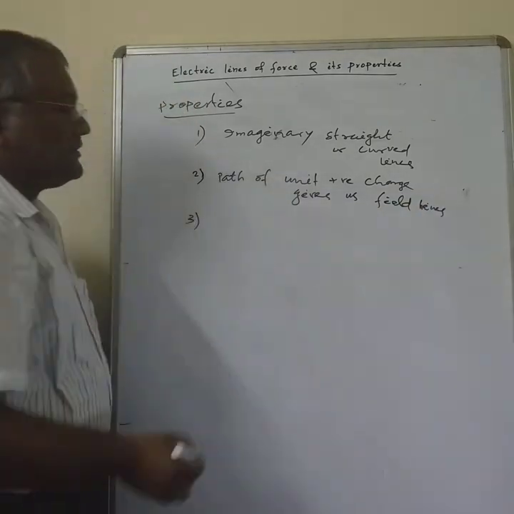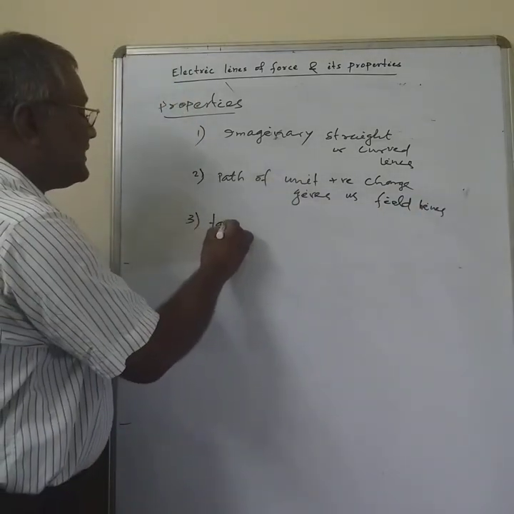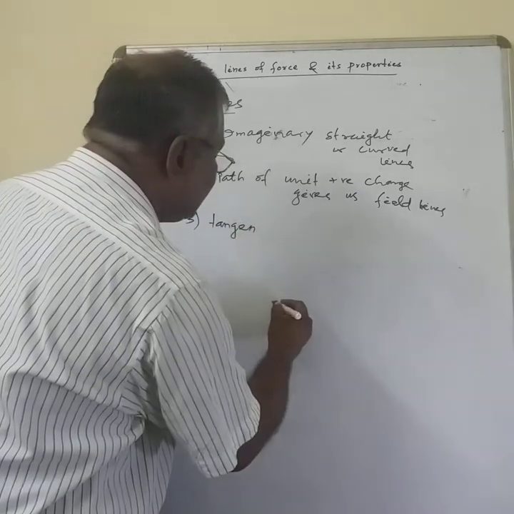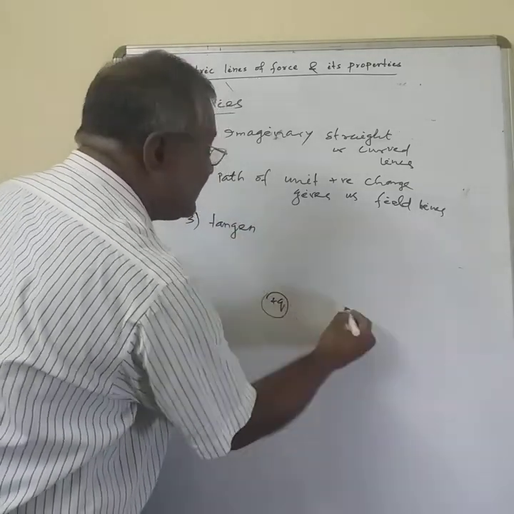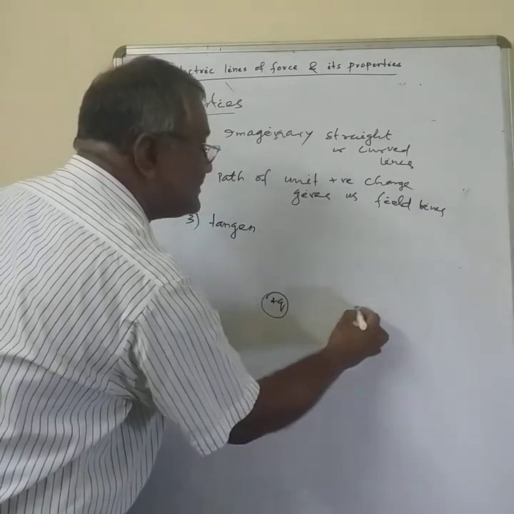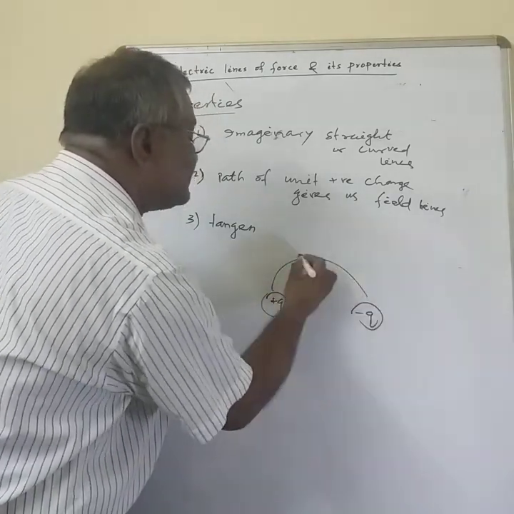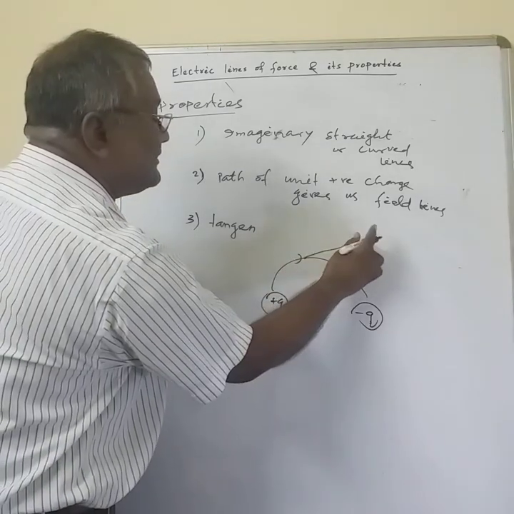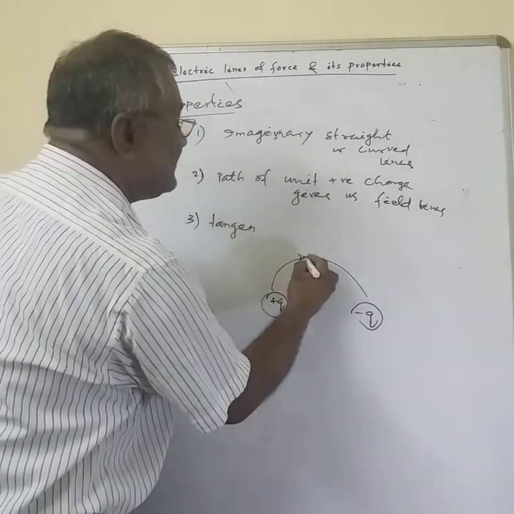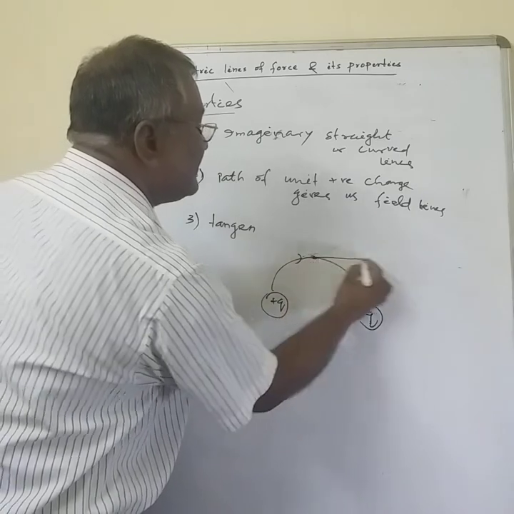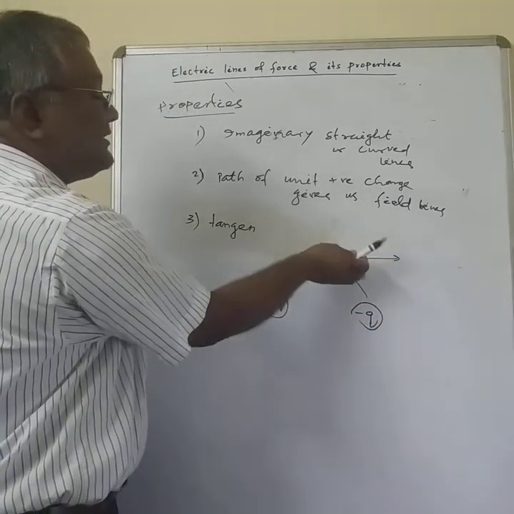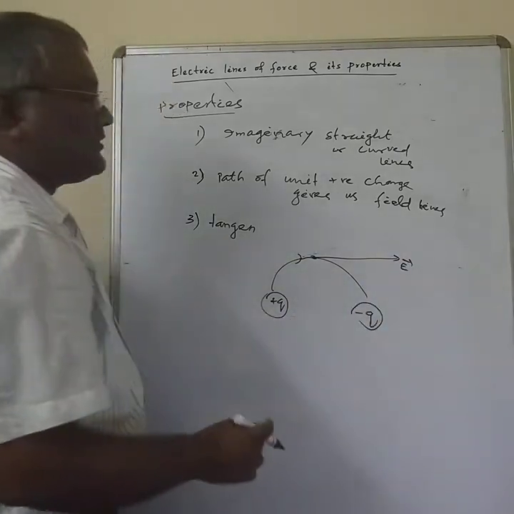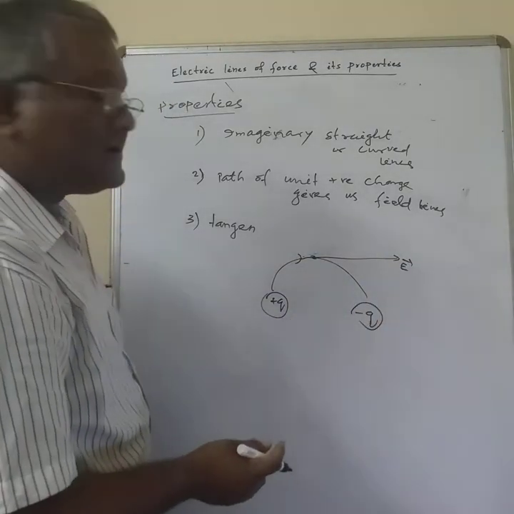Number 3, the tangent drawn to the field lines. Suppose this is the plus Q charge and this one is the minus Q charge, and the field line is like this. A tangent drawn to the field line at any point gives the direction. Suppose this is the point; the tangent will give the direction of the electric field as well as the magnitude of the electric field.